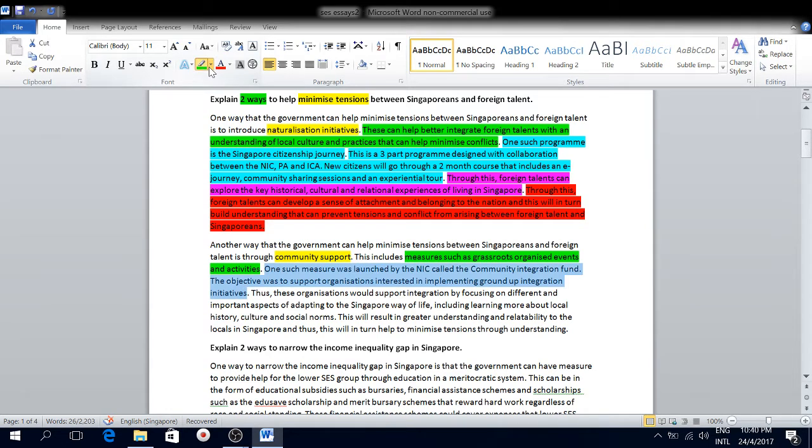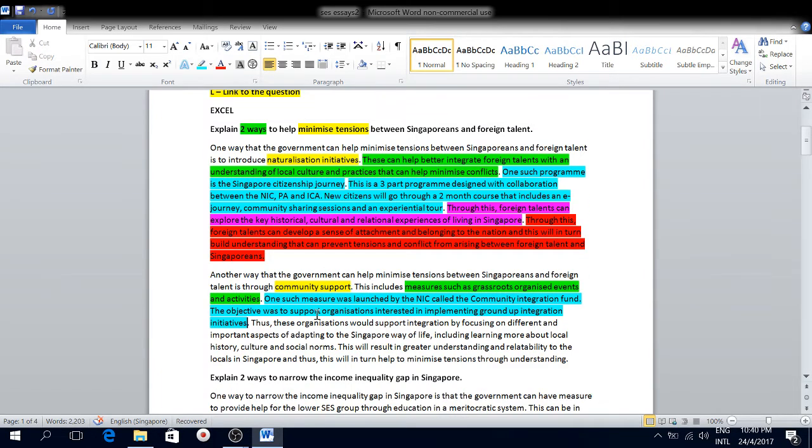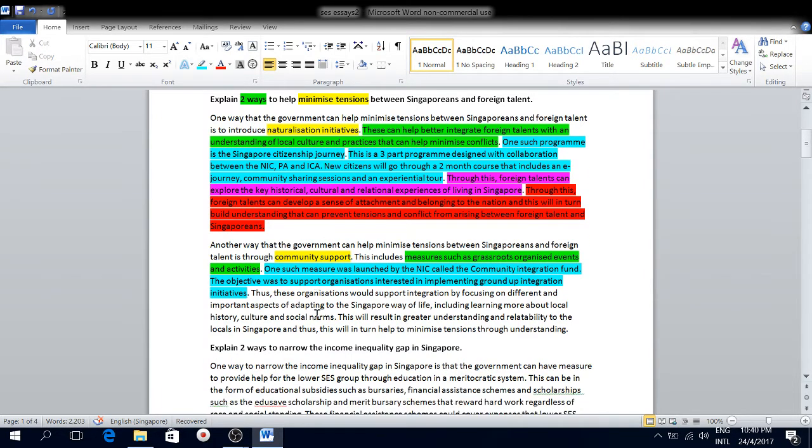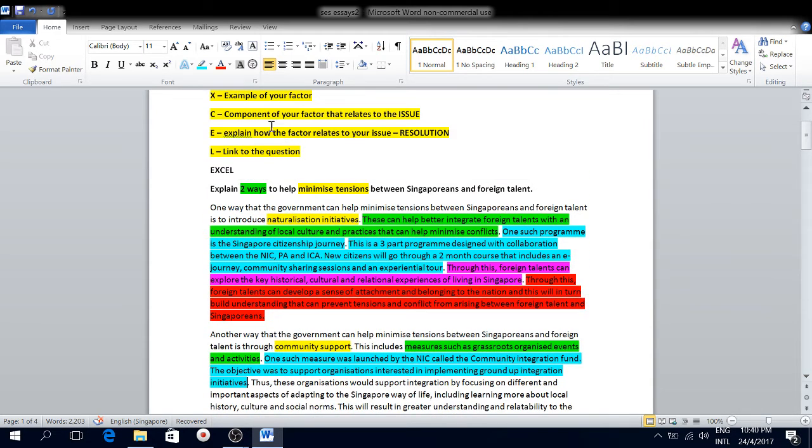Okay, so I'll make this blue to show you I've listed my example of my factor. Then next, I need the key component that relates back to the issue. So it's my purple part. Again, the issue is minimizing tension, so I need something that can help you understand more about Singapore culture.